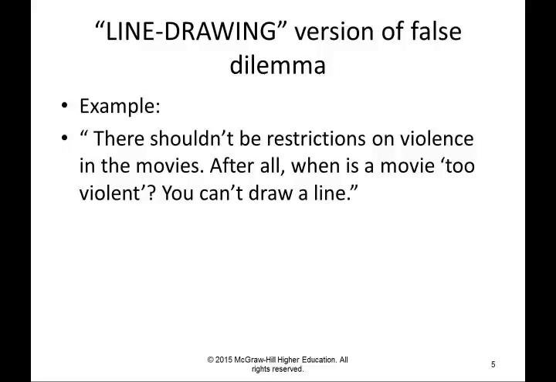These are all versions of a line drawing fallacy, and again, the line drawing imagery here is that because I can't draw a clear line between the two, telling you where one ends and the other begins, that something is to be accepted or to be rejected. That's the line drawing version of the false dilemma. Okay, all right, that's it for that lesson.